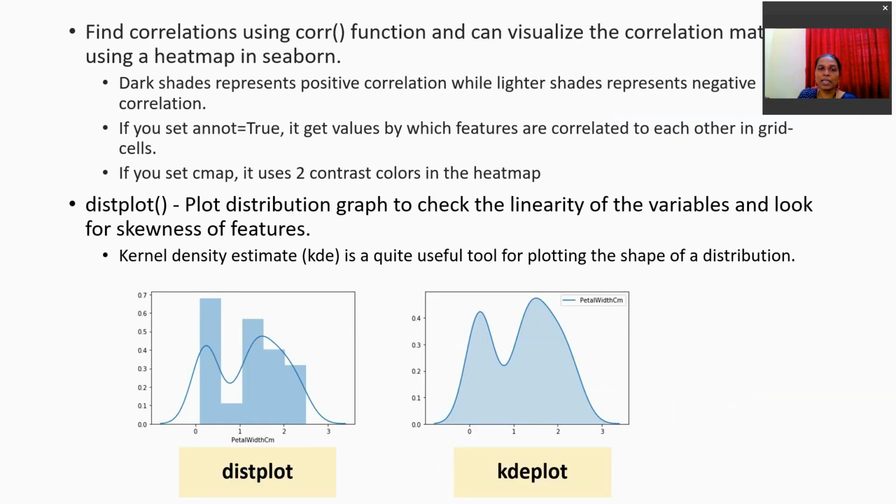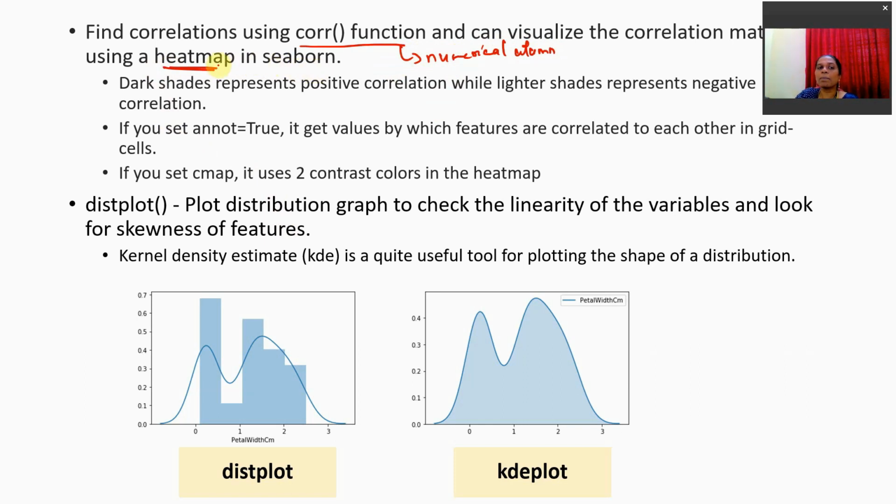To do this in Python, we have a built-in function called the correlation function. This function identifies the correlation between all your numerical columns. To visualize this correlation, you have a function called heatmap, available in the Seaborn library.